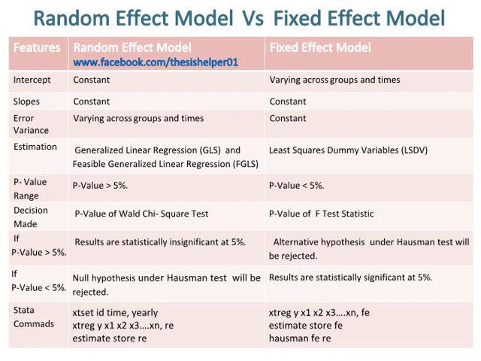If p-value is less than 5%, then null hypothesis under Hausman test will be rejected, and results are statistically significant at 5%. Stata commands of random effect model and fixed effect model are given.